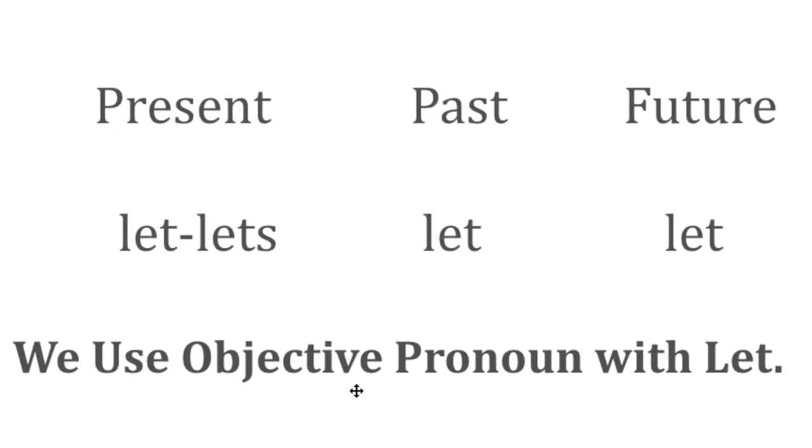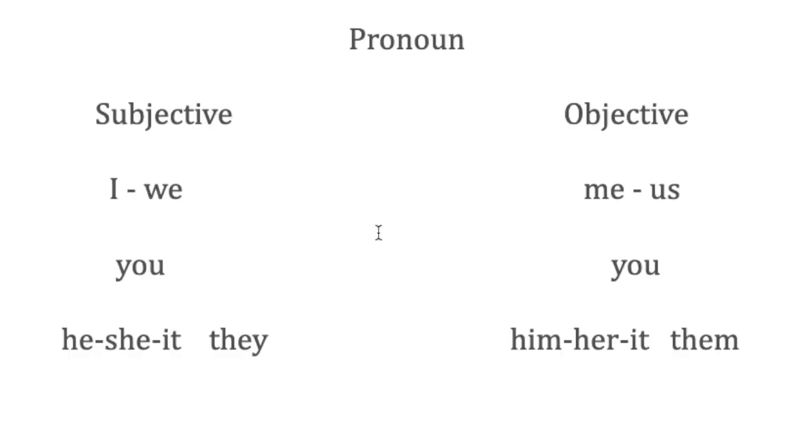I'll tell you what an objective pronoun is, don't worry. If you look at this screen, there are pronouns on both sides, subjective and objective. The subjective pronouns, used as a subject, like I, we, you, he, she, it, they, are all subjective pronouns because we use them as a subject in a sentence.